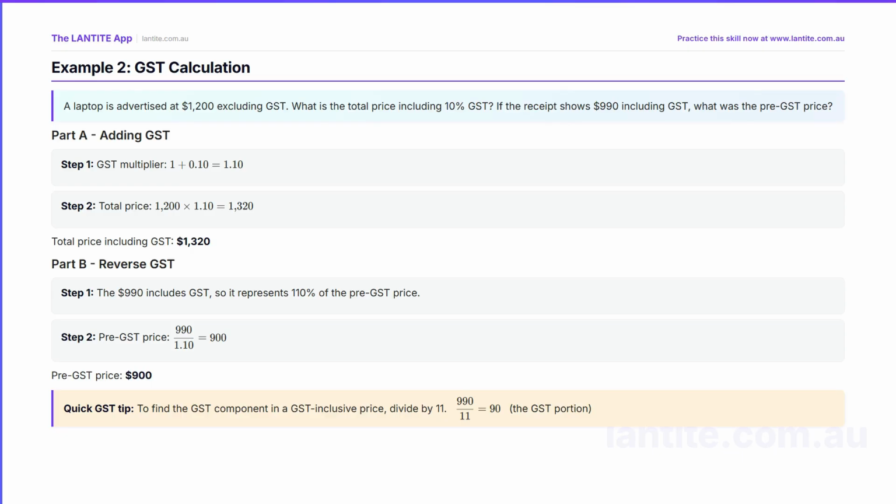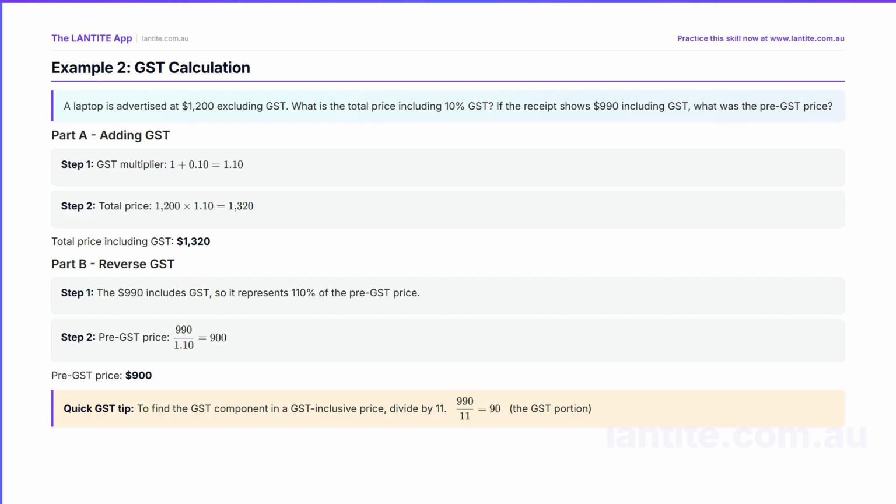GST questions are very common on the LANTITE. Australia's GST is 10%. For Part A, a laptop is $1,200 excluding GST. We multiply by the GST multiplier of 1.10 to get $1,320. For Part B, we're given a GST-inclusive price of $990 and need to find the pre-GST amount.